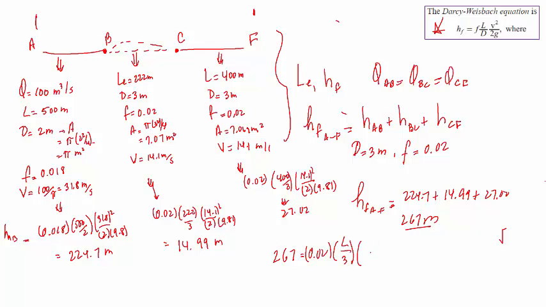The velocity is the same, as we have 3 meters of diameter and the same flow rate already given, so the velocity is 14.1 squared over 2 times 9.81.